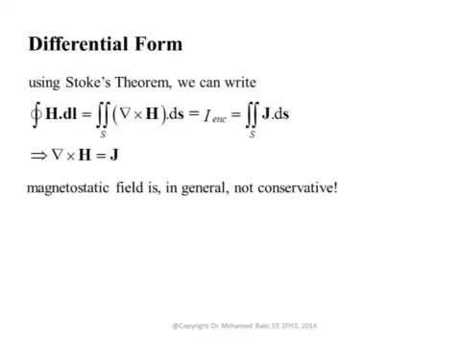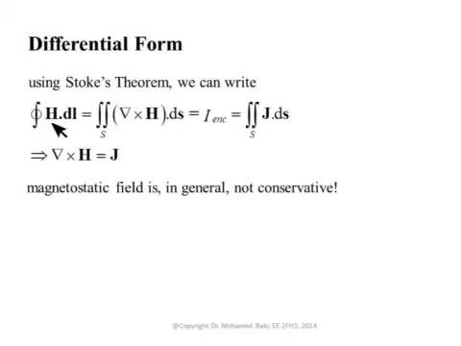So we already explained Ampere's law. The integral of H dot dl is equal to the current enclosed, but this is called Ampere's law in the integral form. As I explained earlier, Maxwell's equations have an integral form and a differential form. Here we can derive the differential form in a very similar way.